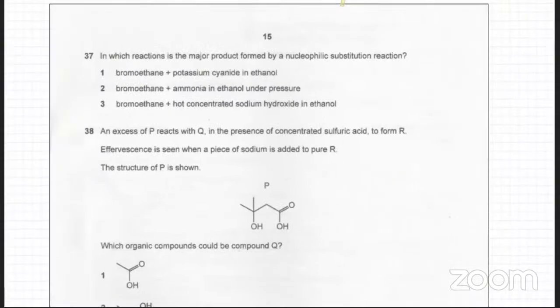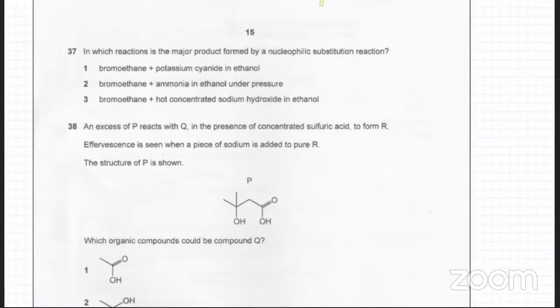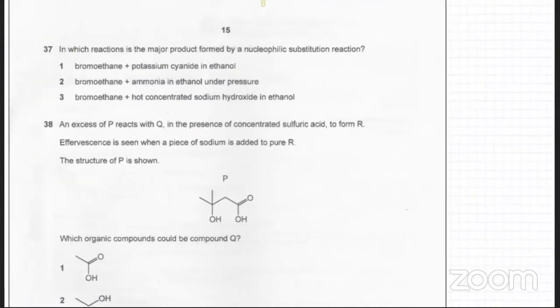Next one: in which reaction is the major product formed by a nucleophilic substitution reaction? So what's a nucleophilic substitution reaction? That's a reaction of a halogenoalkane where you have Cl. We don't really care whether it's primary or secondary. Carbon is positive, Cl is partial negative.